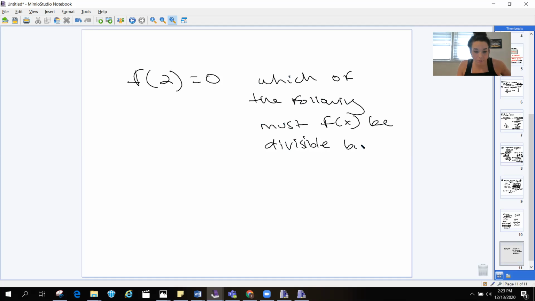So this question is one of the questions that is somewhat on the final exam. All you're going to do is say x, and switch the sign of the number in here, minus 2. So it must be divisible by x minus 2.